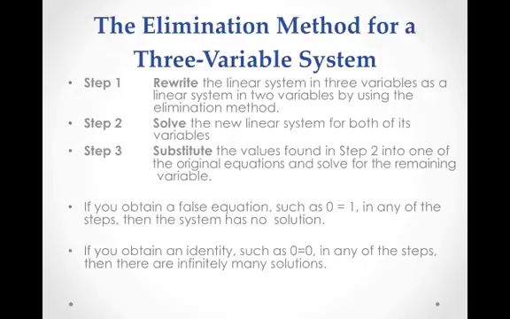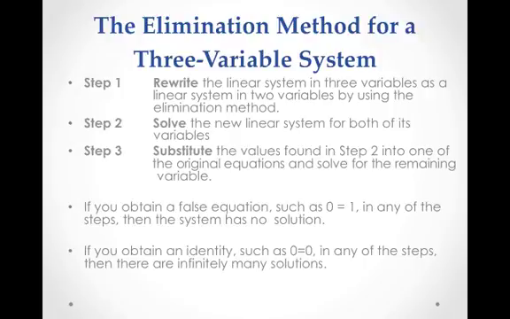All right. This is much easier done than explained, but here is a stab at being able to explain how to use the elimination method, really the algebraic method. It's going to be a combination of elimination and substitution sometimes. We're going to rewrite the linear system in three variables as a linear system in two variables by using the elimination method.